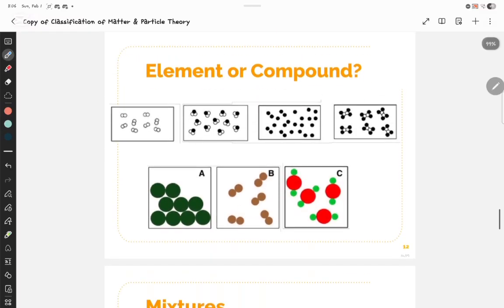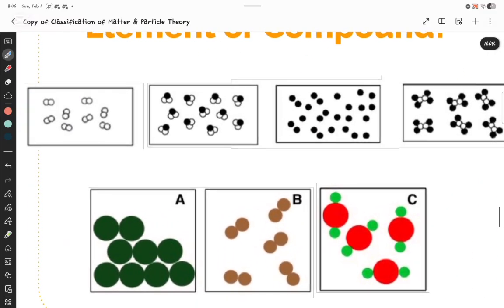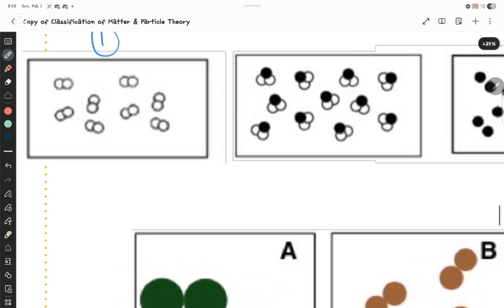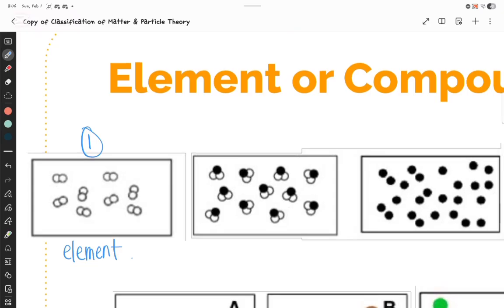Okay, so let's go to the activity of naming whether it's an element or a compound. Looking at the first picture, number 1, we see that this is clearly an element, because there's only one type of atom.